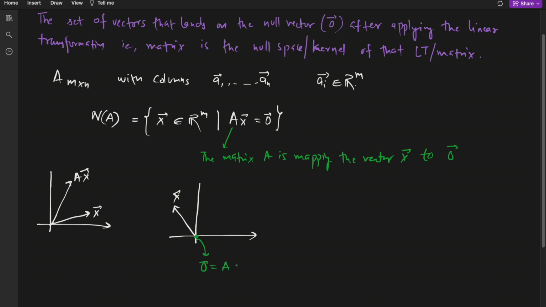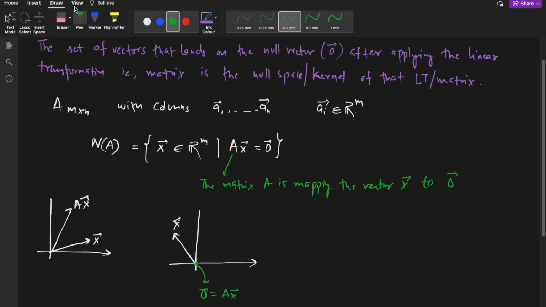So after applying the matrix A to the vector x, that is transforming the vector x using A, or the matrix vector product, we got the zero vector. So this vector x got knocked down to the zero vector or origin in this case, right?